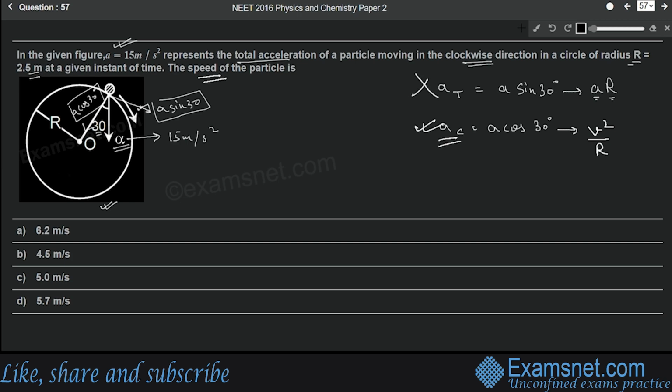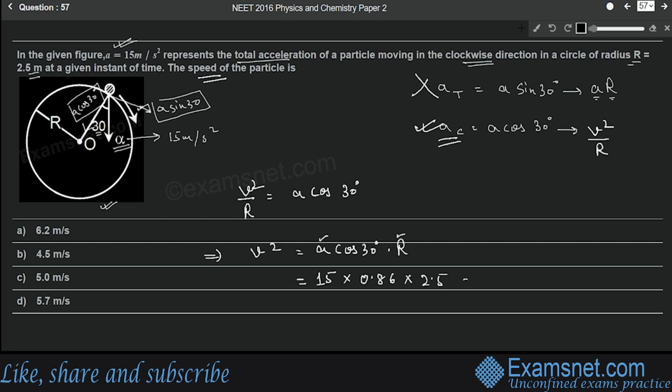So we can write that v square by r will be equal to a cos 30 degrees, okay, because the centripetal acceleration is a cos 30 degrees. We have to find the value of v. So v square will be equal to a cos 30 degrees into r. The acceleration is given as 15 meter per second square, into cos 30 degrees, which is 0.86, into the radius given as 2.5 meter.